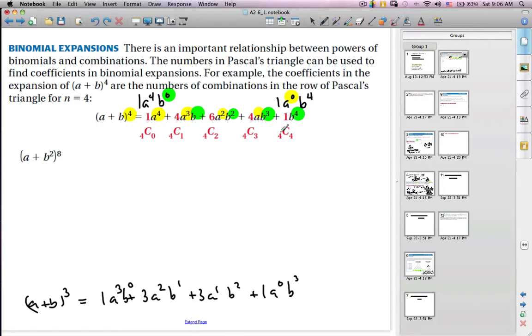Well, these coefficients represent the combinations possible with this number: 4 taken 0 at a time, 4 taken 1 at a time, 4 taken 2 at a time, 4 taken 3 at a time, and 4 taken 4 at a time. And they come from Pascal's triangle for the level of that power. Okay, so now I'm going to apply that. This is a pretty big one.